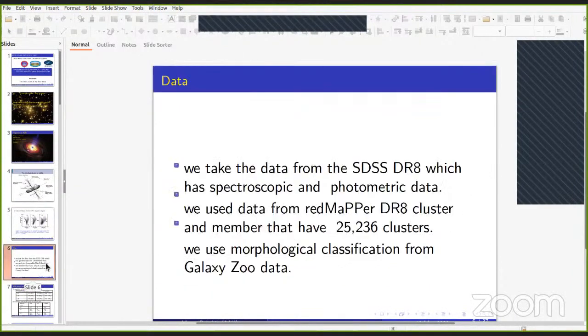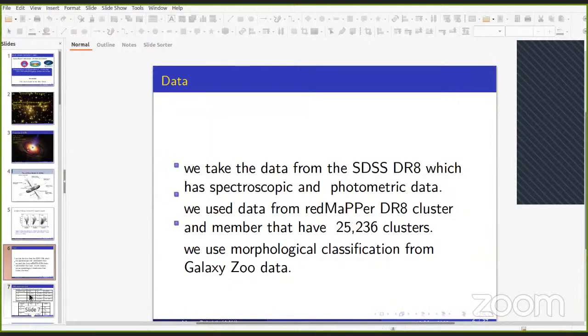What I did was use the SDSS DR8 spectroscopic and photometric data, and I also used the redMaPPer DR8 galaxy clusters and galaxy members, which is 25,236 clusters. We also use the Galaxy Zoo morphological classifications.